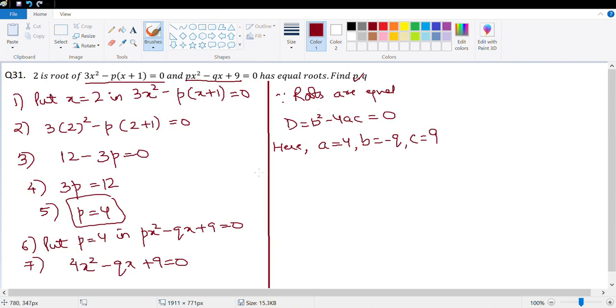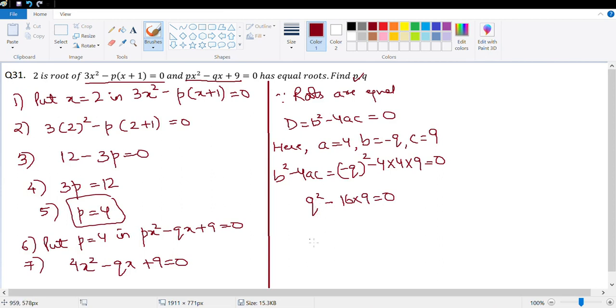So b square minus 4ac is equal to negative q square minus 4 into 4 into 9, and this is given equal to 0, which means q square minus 16 into 9 is equal to 0. I don't need to multiply that out, because in any case I'll have to figure out the square root.